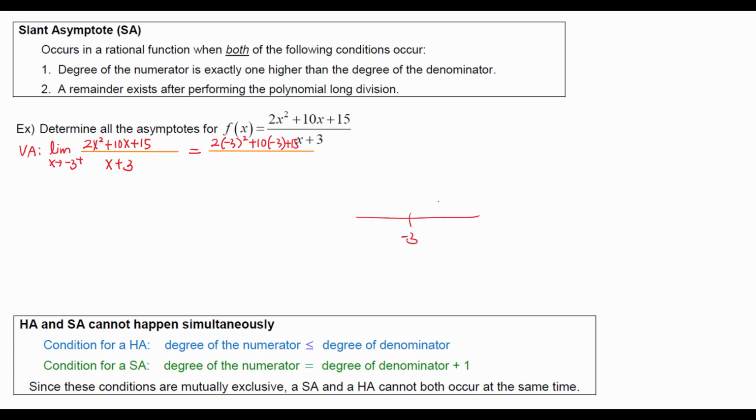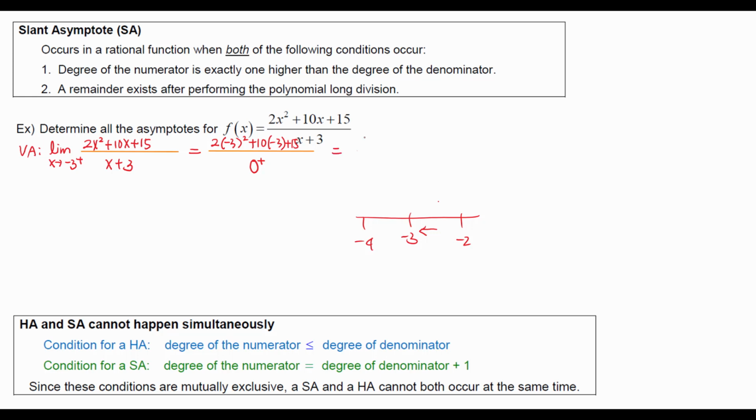here's a -3, here's a -2, here's a -4. So -3 from the right is -2.9999999 plus 3, which gives you 0.000000001. So that will be a number getting close to 0 that is a positive number.